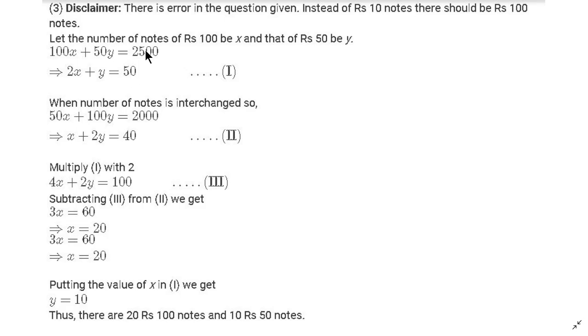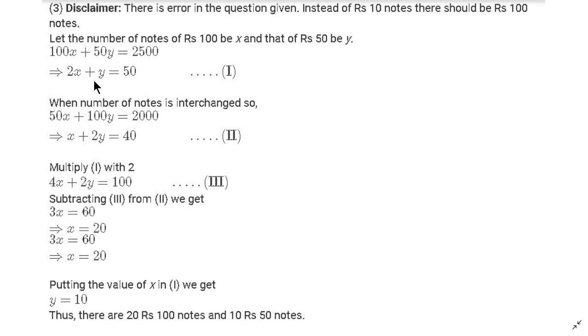What is the previous amount? Previous amount was 2,500. Now she got 2,000. But how? Interchanging the number of notes means if the number of notes of 100 was X, now it's Y, means Y notes of 100 and X notes of 50.